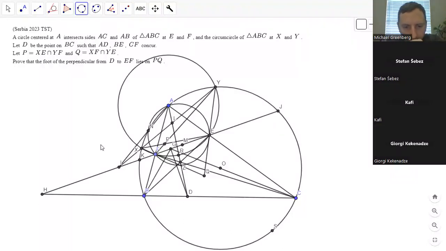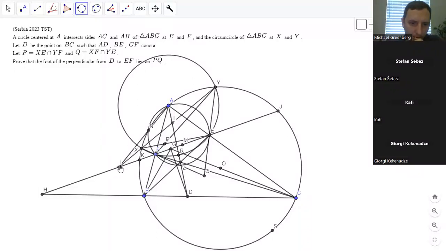So we could show N lies on the polar of I. And then if angle ANG equals 90, then G would lie on the polar of I, so that would solve the problem. So how do we show angle ANG equals 90?